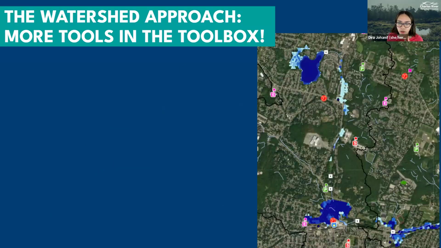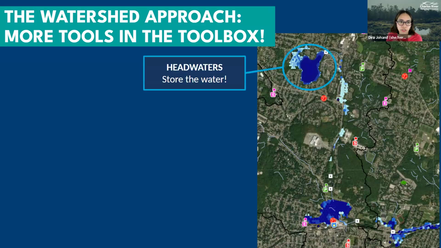You might be wondering why a watershed approach. One of the reasons we decided on modeling at this watershed scale instead of town by town is because it gives us more tools in our planning toolbox. For example, it gives us the opportunity to look at a full stream and find opportunities upstream to store more water, protecting downstream communities.